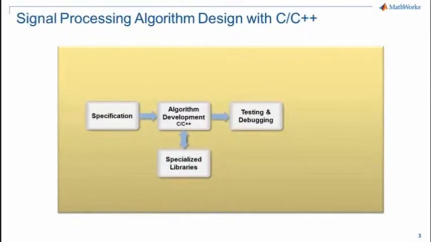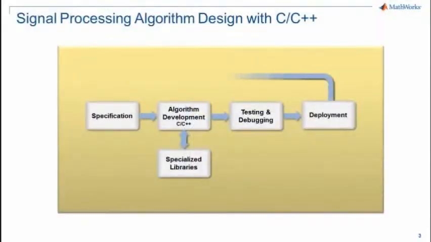And once we're happy with that, we can then deploy onto our chosen system. If it's an embedded system or a desktop application, we need to make sure we can take it there. And this is an iterative process. Through each of these stages, we may need to go back earlier to fix problems in the algorithm. So I think this is a fairly normal software development cycle.